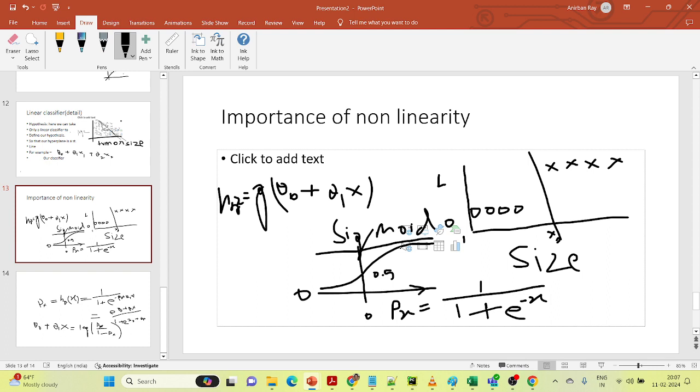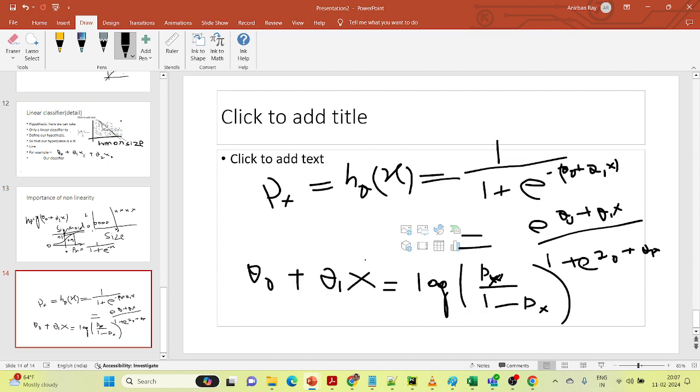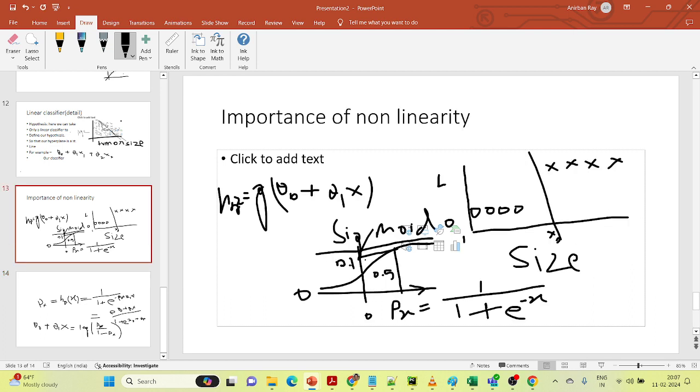Suppose here we get 0.7, so there's a 70% chance of having a cancer. And this is it.